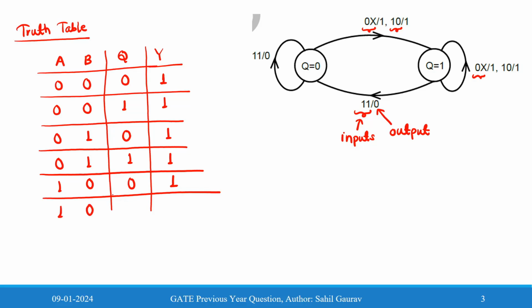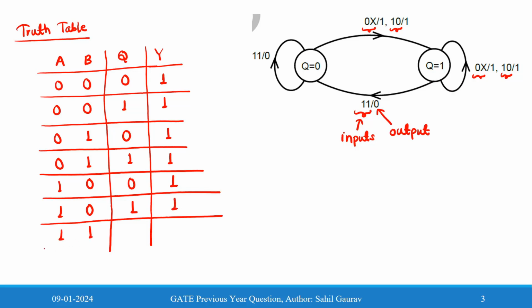Again we take A as 1 and B as 0 and Q as 1. In that case it comes to 1 0, it does not change the state, it remains as it is, so the output will be 1.